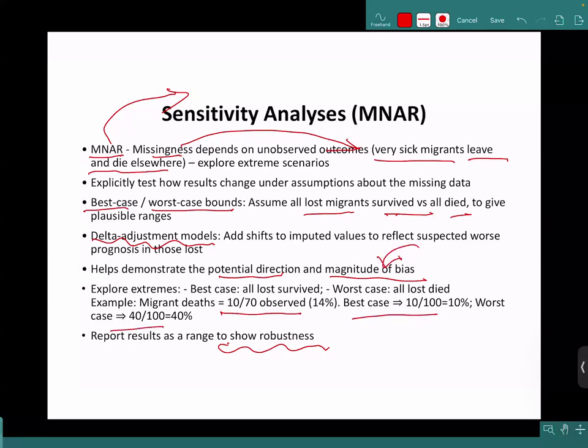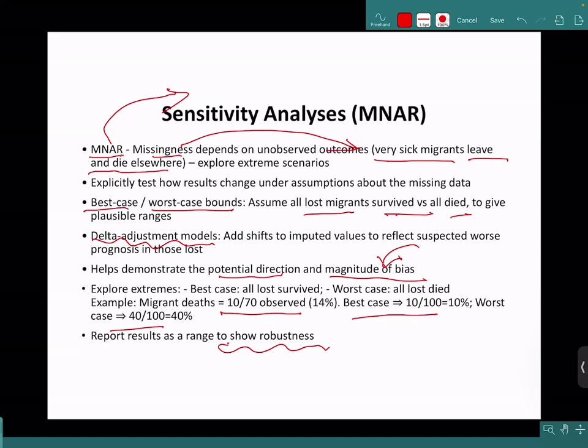This is a simple mortality, but when you're looking at effect estimates also, you can make such assumptions, and the best and the worst scenario are the bounds which you can report. If both of them lie on one side of the null value, it is a robust finding. That is, whatever assumptions I am making, still there is an association, so it is a true association.